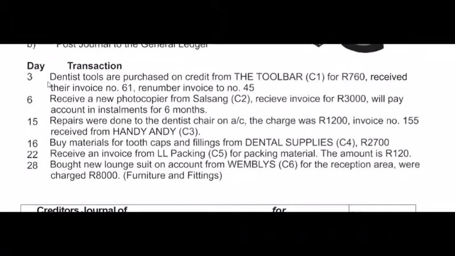Then your transaction starts on the 3rd. It says dentist tools, which will be seen as equipment, are purchased on credit. In other words, it affects the creditors journal. From the toolbar, creditor number 1 for 760 Rand. We received their invoice number 61, but we won't use that number because we renumber invoices, and in this case we renumbered to number 45.